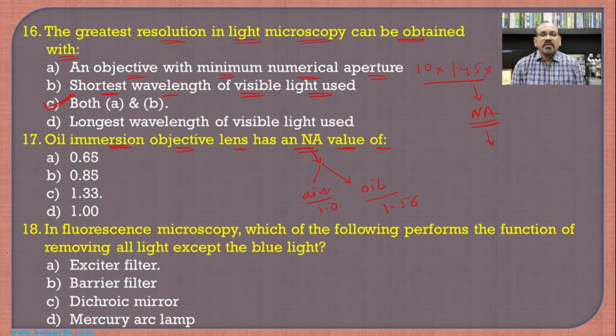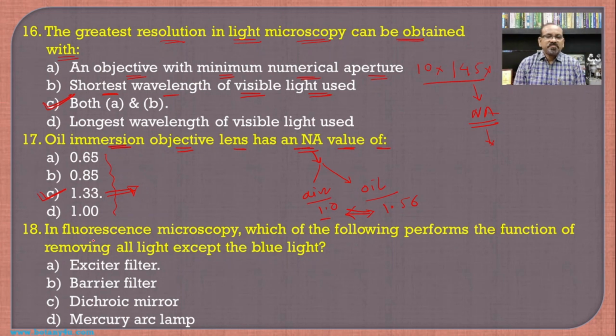So the oil immersion objective lens, when used in the microscope, must have a value in between these two, that is 1 and 1.56, and hence here if you see these different values, the most appropriate value present in between 1 and 1.56 is 1.33, which is used as an oil immersion objective lens.